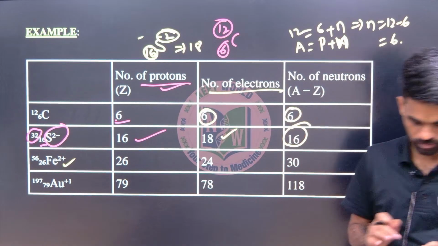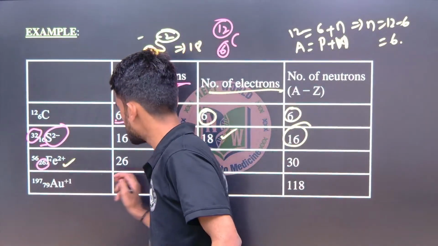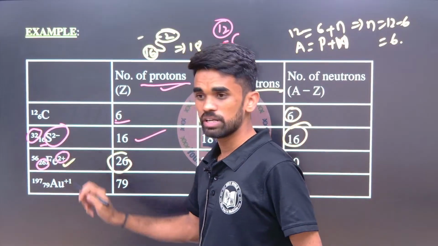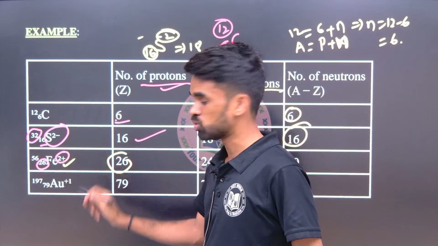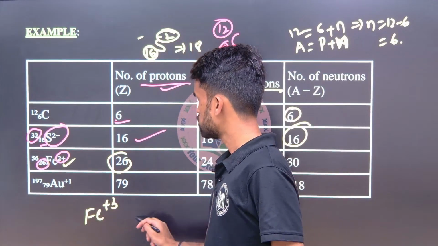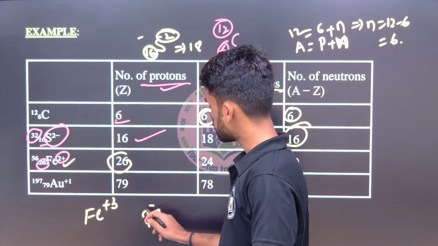Tell me, 26 protons, and electrons are 24. Why? Just plus 2 is there, so 2 electrons removed. If it is Fe plus 3, 3 electrons are removed, so electrons are 23.